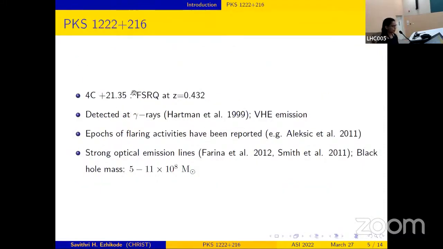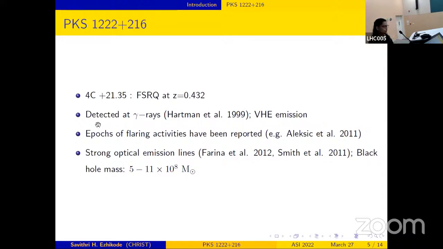The target PKS 1222+216, or 4C 21.35, is a bright FSRQ found at redshift 0.43. The source is detected in gamma rays as well as in other energy bands, and it has also been observed to show very high energy emission.